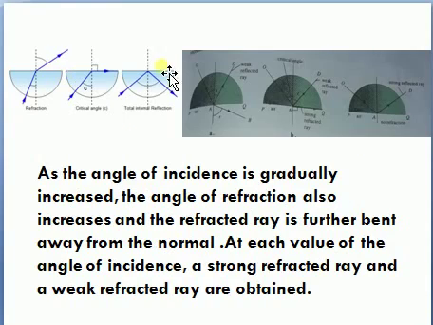Now let's see from this diagram. Looking at this diagram, we have two different diagrams where the semicircular block is turned upside down and where it is turned the other way around. This first diagram is exactly the same as this one. Look at the semicircular block, and this ray is your incident ray.